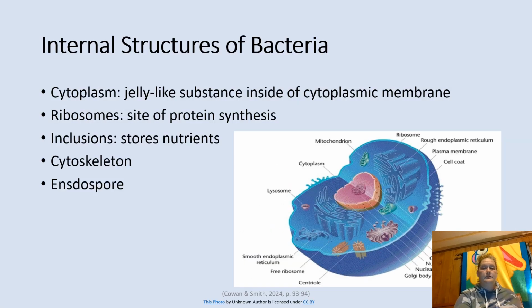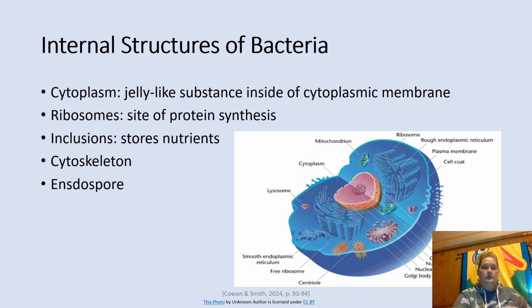All right. Structures of bacteria. The internal structures, that is the guts of the bacteria. I've got a good little picture here of a cell and all the insides. The cytoplasm is the gelatinous, jelly-like substance inside of the cytoplasmic membrane, that last thin sheet that I was telling you about.